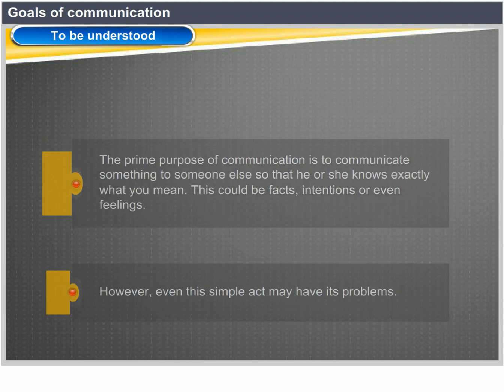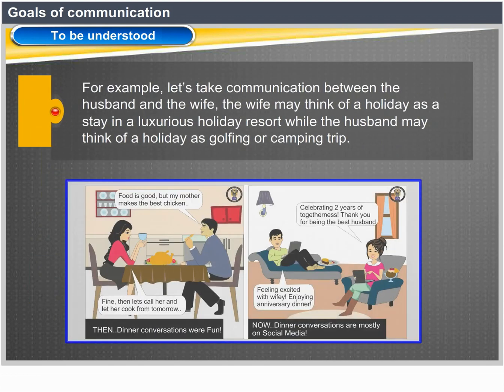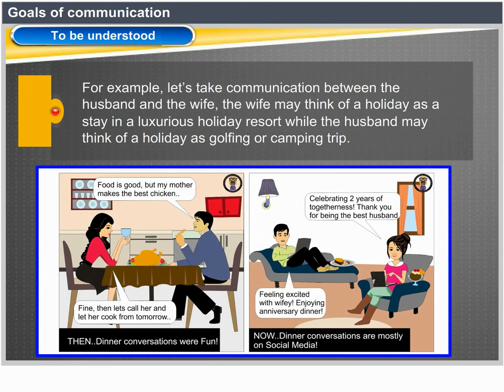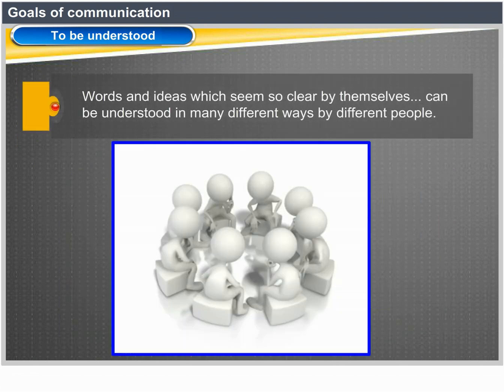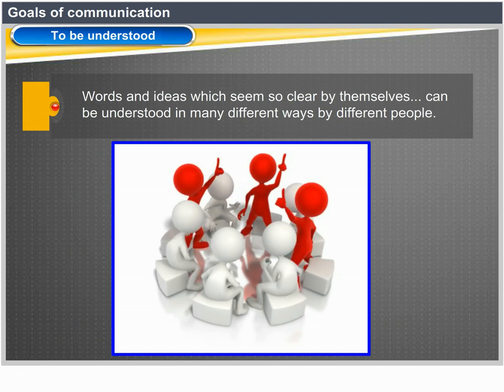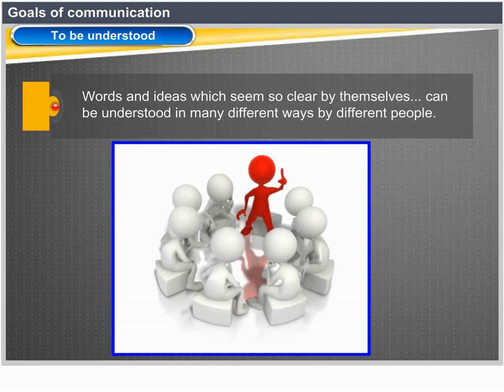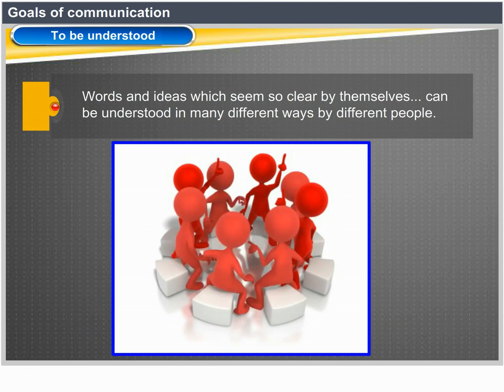For example, the wife may think of a holiday as a stay in a luxurious holiday resort, while the husband may think of a holiday as a golfing or camping trip. Words and ideas which seem so clear by themselves can be understood in many different ways by different people.